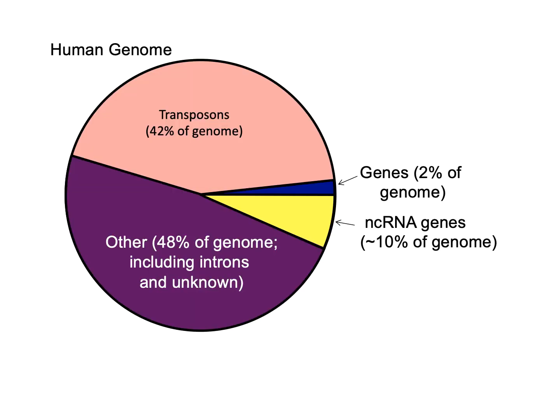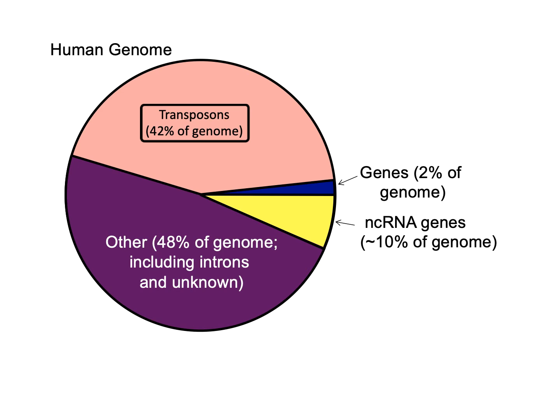Within our genome, about 1.5% to 2% contains mRNA genes, and about 10% encodes non-coding RNAs, which control the expression of other genes primarily. About 42% of the genome consists of transposons.